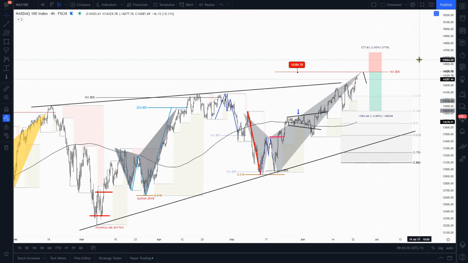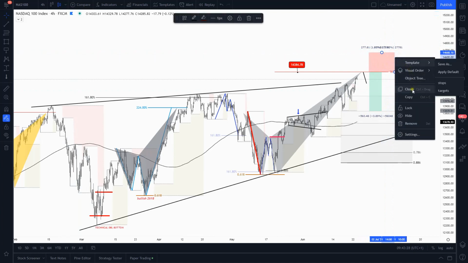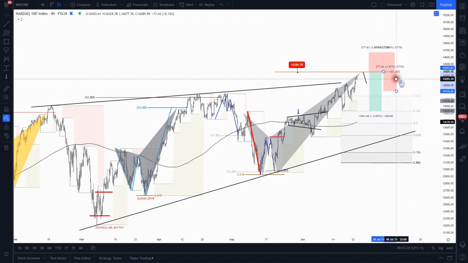So this is your 1-2 risk reward approach. Basically, for each dollar you lose, you win $2.